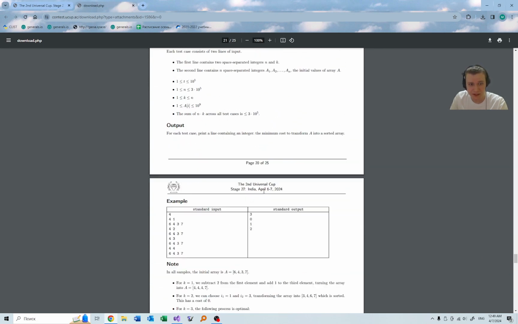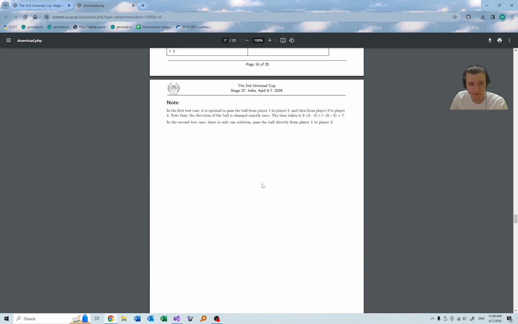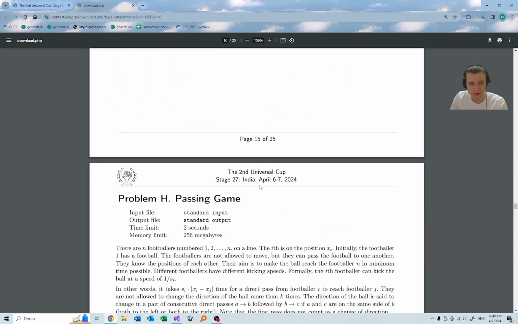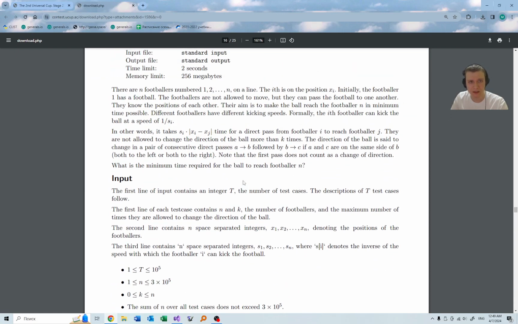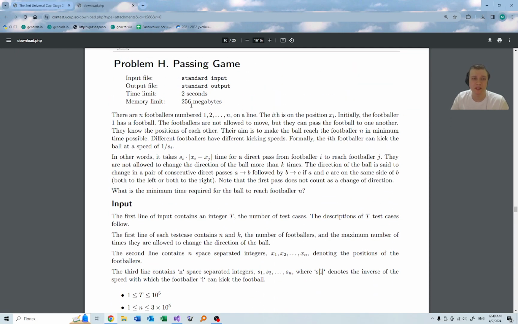So basically, in this problem, we have n people on a line. The position of the ith person is xi, and the person number one has a football, and they need to pass it to the footballer number n.